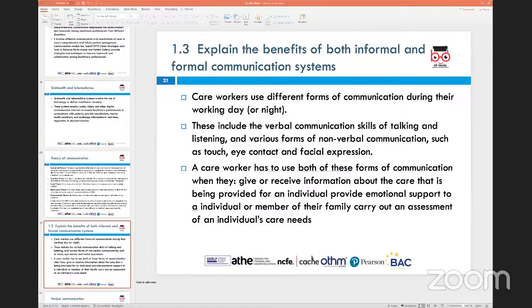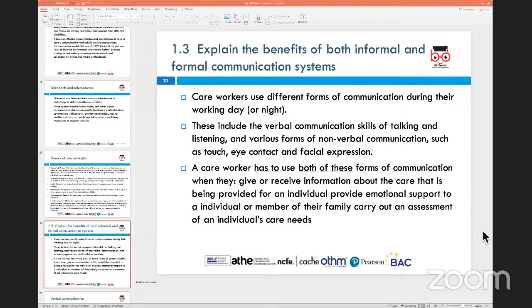That is why formal forms of communication tend to be business meetings, presentations, official letters, and job interviews. You might also write reports, and in some cases legal documents, and they would generally use formal communication.